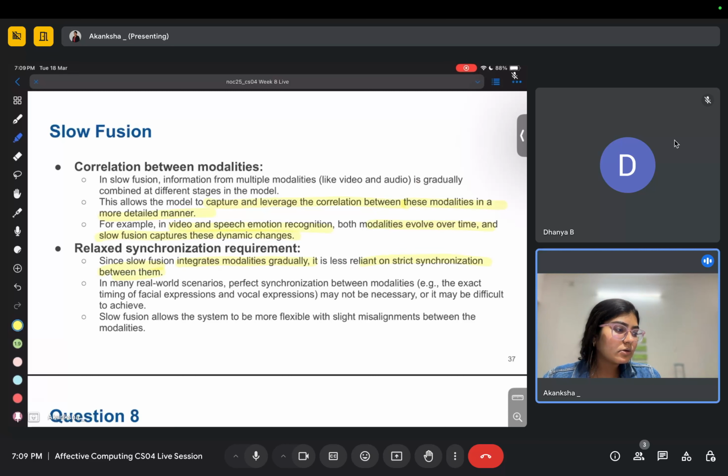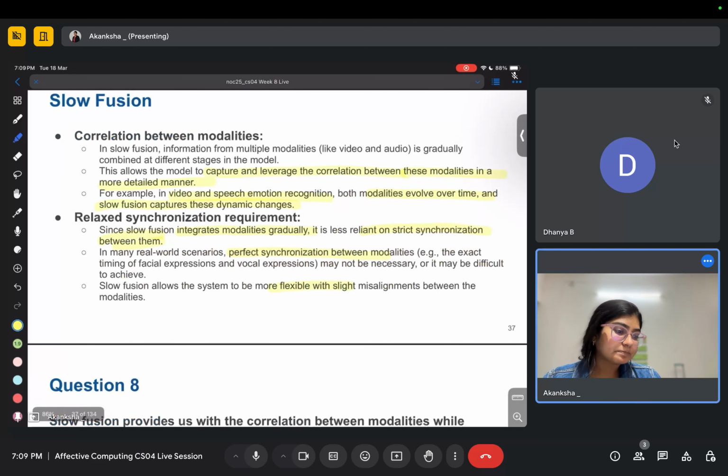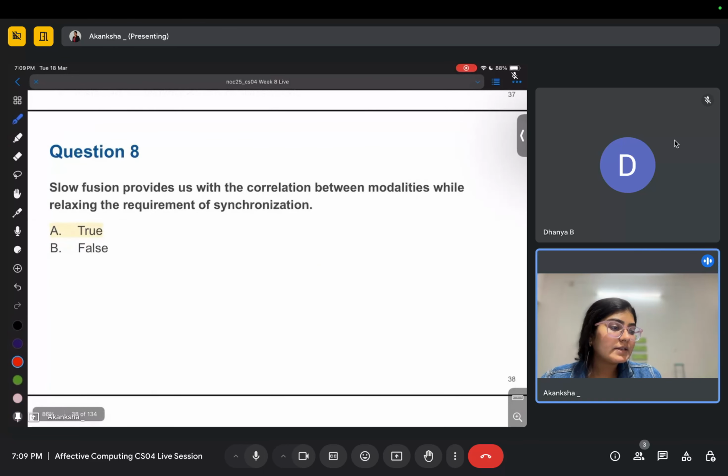Perfect synchronization is also very difficult to obtain. Slow fusion gives us a more flexible way of doing that, since we saw that early fusion has the disadvantage that we need more strict synchronization policies. So it provides us with a correlation, which is true.